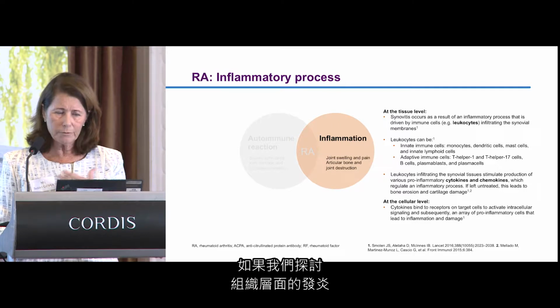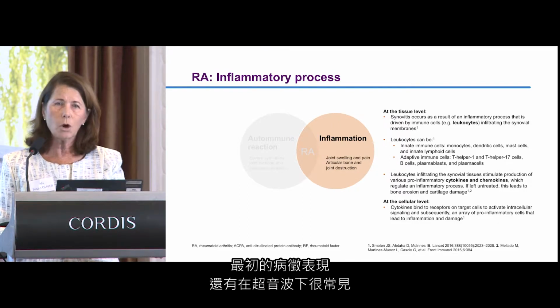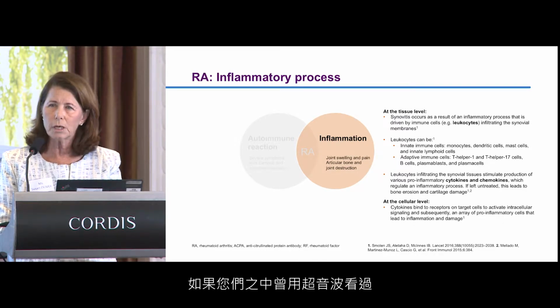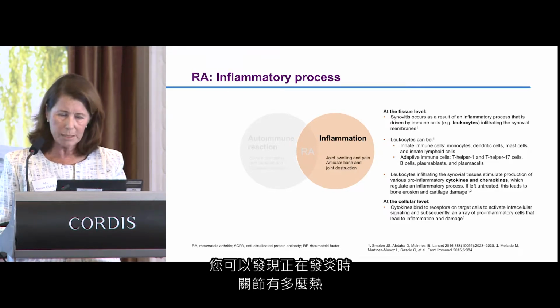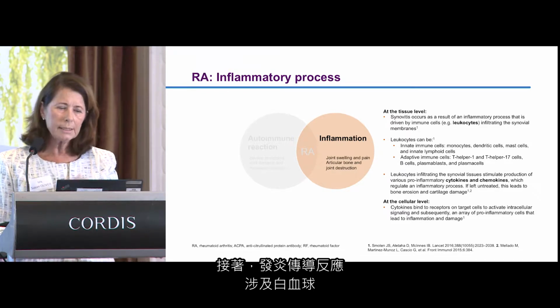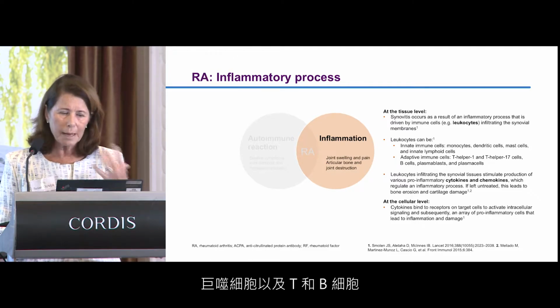So if we look at inflammation at the tissue level, we see synovitis, which is very common in the first presentation. In ultrasound, if many of you have looked at ultrasound, you can see how hot the joint is with all that inflammation going on. And then this inflammatory cascade involves leukocytes, macrophages, and T and B cells.